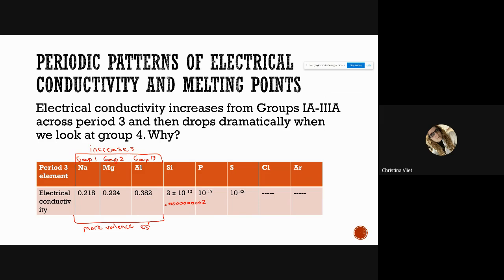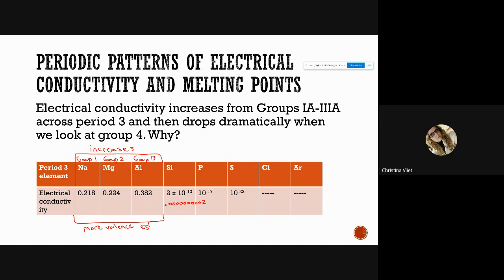Is that smaller or larger than 0.382? Smaller. Like a lot smaller, like approaching nothing. But not as much nothing as the next one, right? Because that's a 10 to the negative 17, and then 10 to the negative 23. We'd have to write out all the zeros. So these are very small, right?